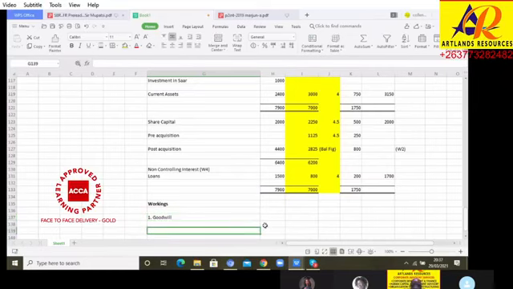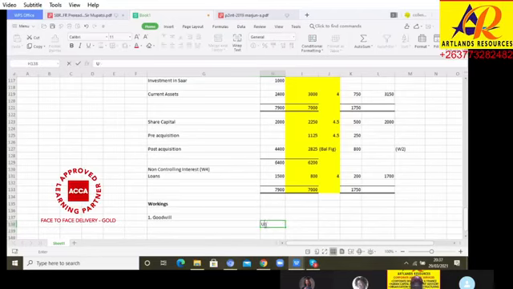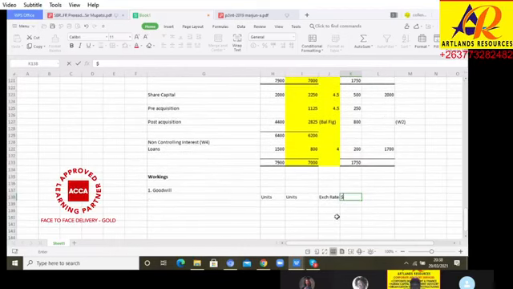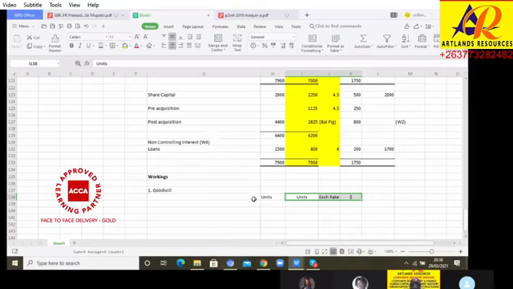So you say units, then units, and then you say exchange rate, and then you say dollars. So there you go. Units, units, exchange rate, and then dollars.